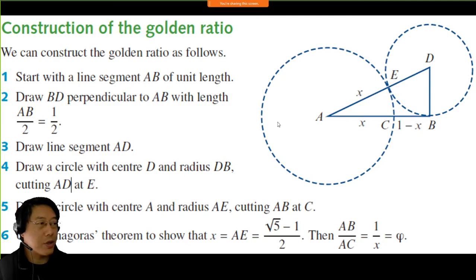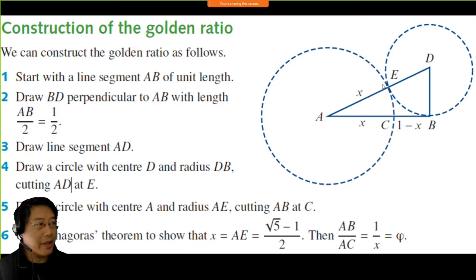You can draw the second circle, which is centered at A with radius AE. But what's important is after you draw the first circle, what you measure, A to E, is actually your X value. And using the Pythagoras theorem, you're going to come up with the same quadratic equation as for the golden ratio.